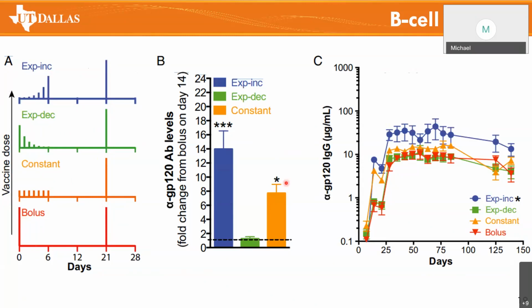What they found, when they compared this to the prime shot and booster shot, is that the exponential increase and the constant delivery had a higher amount of antibodies at day 14. You can even look at when they track the antibodies over time. You can see by day 14, there's a higher amount of antibodies created. But after the booster shots, you see that everything tends to increase to a similar amount, except for the exponential increase showing slightly higher antibodies.